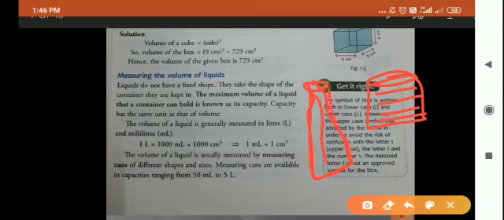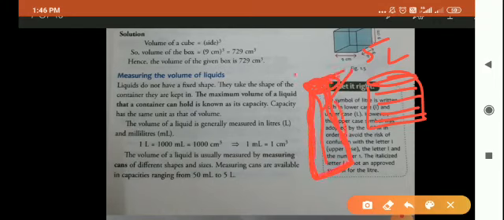Suppose if I say this bottle has the capacity of 5 liter. So it means this bottle can hold the maximum volume of water till 5 liter. Okay, not more than that. Its capacity is up to 5 liter.